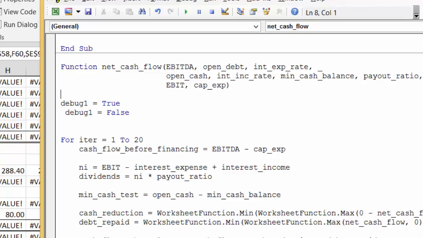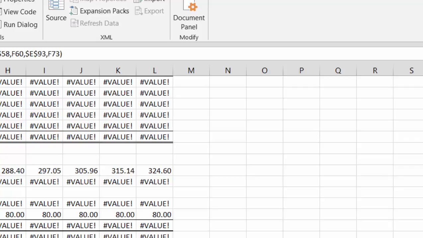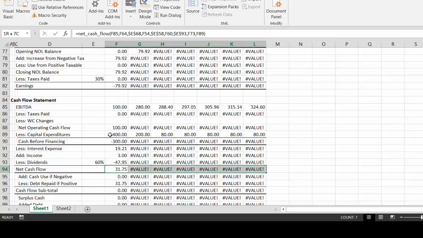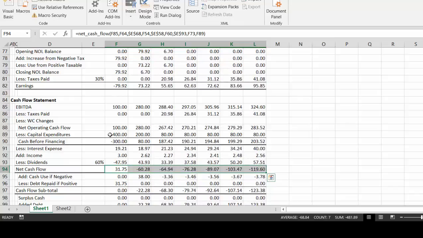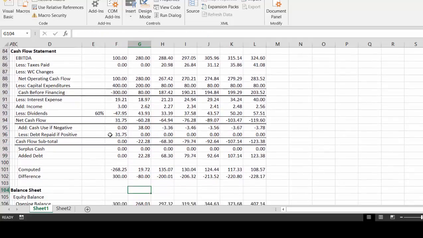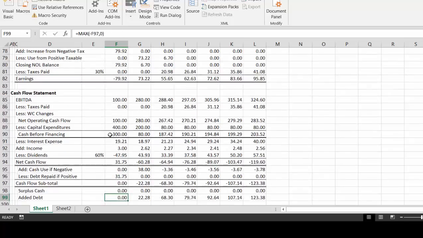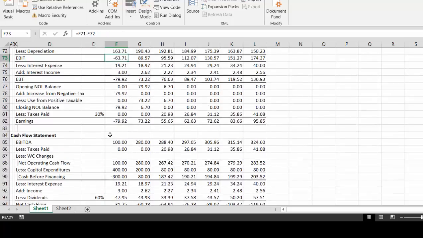Okay. Let's see if we can at least get rid of the values here. No, we don't have a circular reference, and our values are all fixed, but we have a very big difference here, and the difference here should relate to the taxes, but it might not.